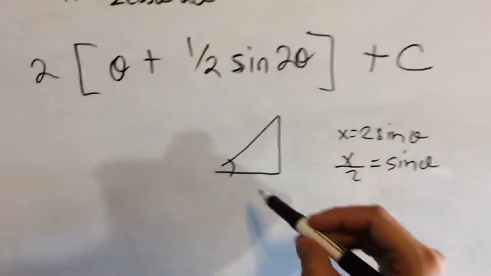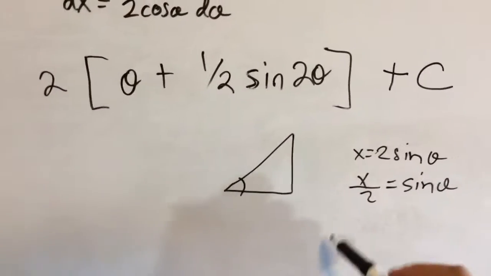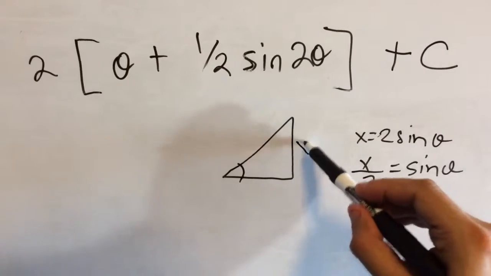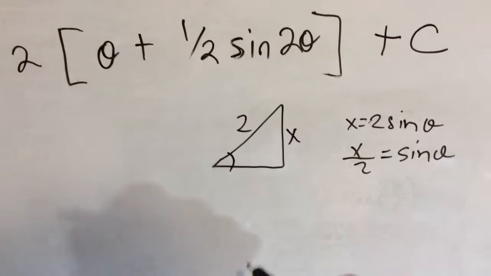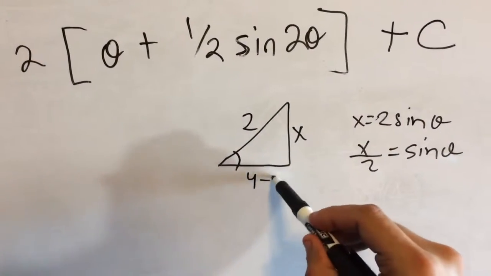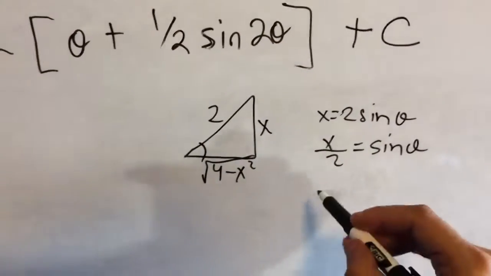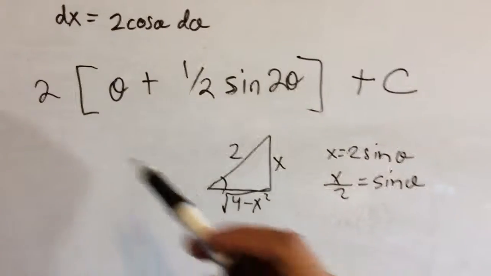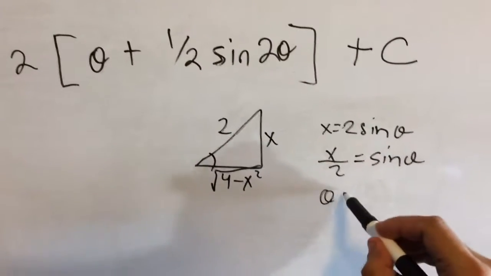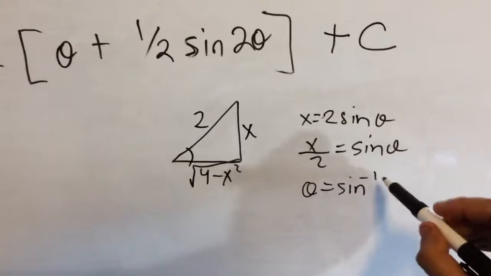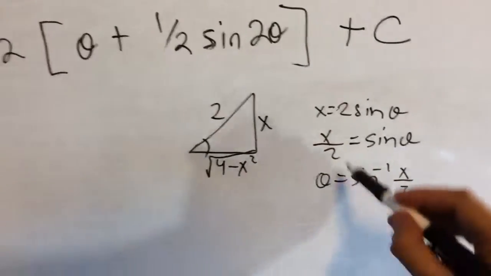If you remember your SOHCAHTOA, sine is opposite over hypotenuse. And since we have a theta, we need to solve for theta. So theta is just the inverse sine of x over 2.